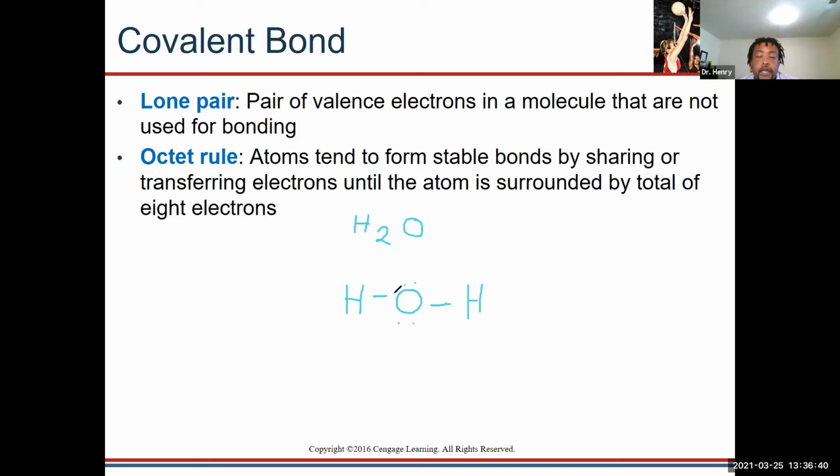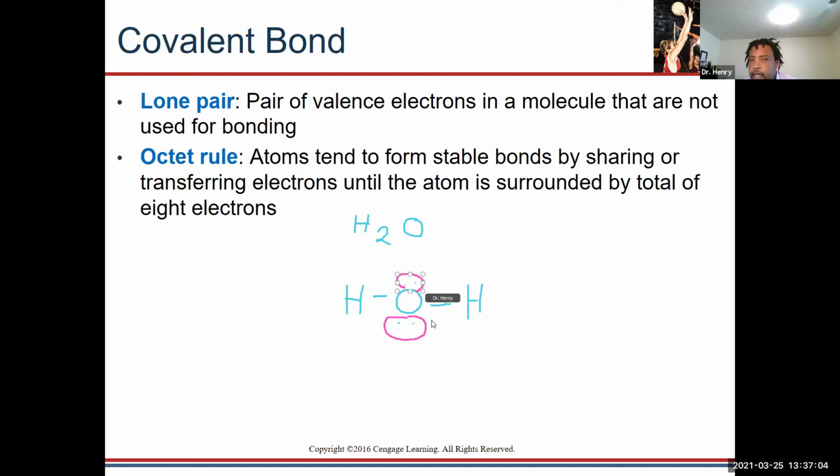Now, the other thing I wanted to talk to you about is what we call lone pairs. Lone pairs are the electrons that are not going to be involved in bonding. In this case, these electrons up here and down here are not involved in bonding because they're not being shared between the hydrogen and the oxygen.